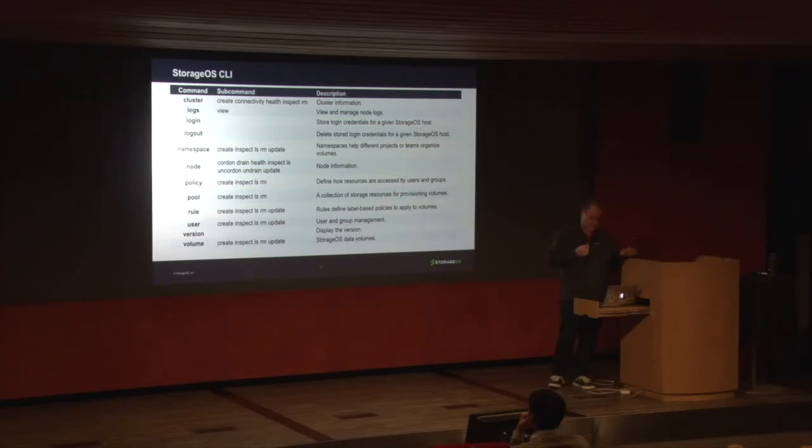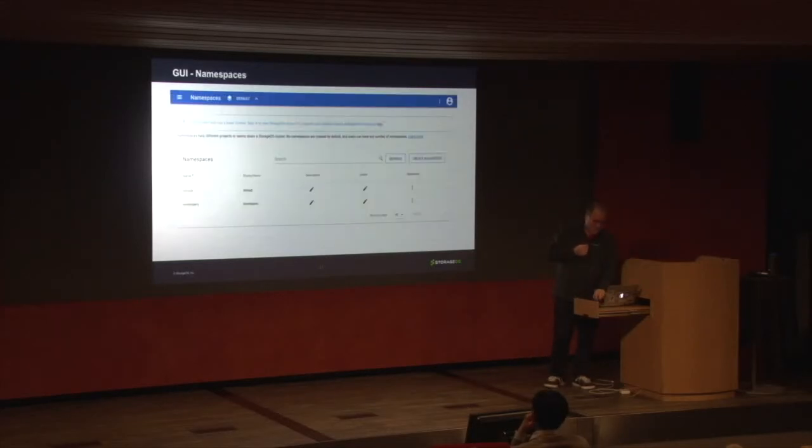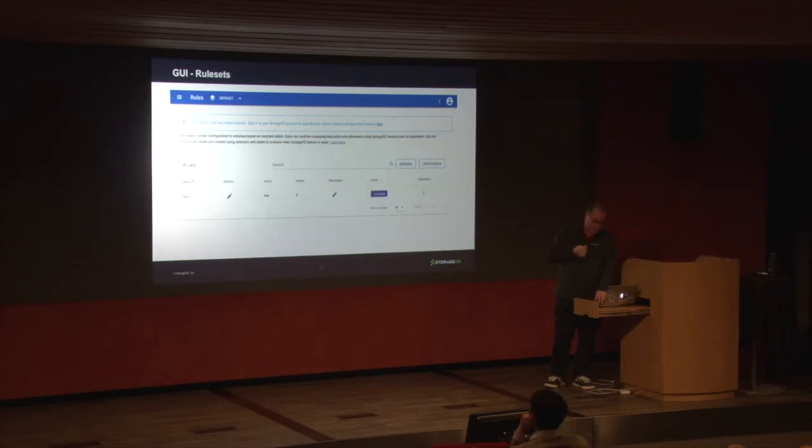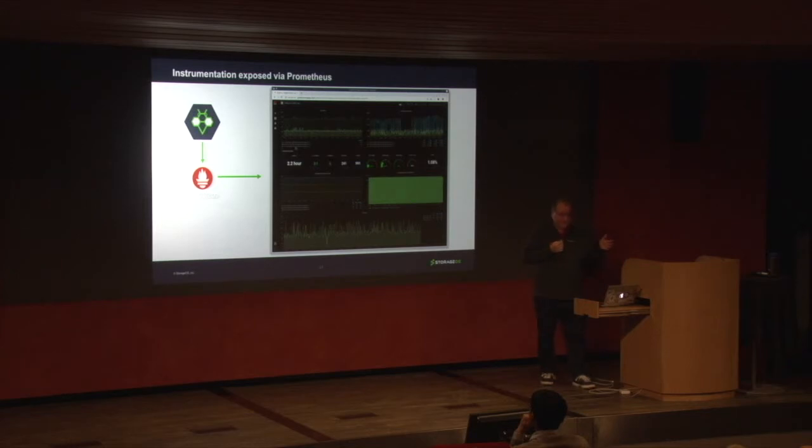And yes, I'm going to call it kubectl because that's the right word for it. We also have a GUI that shows you things like namespaces, users, nodes, volumes, rule sets. And the Prometheus API exposes all of the metrics on a per volume, per node basis, which we have a couple of handy Grafana and Telegraf templates which you can use to visualize what's going on there.